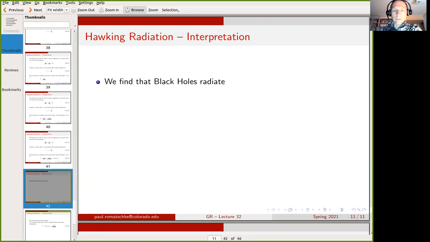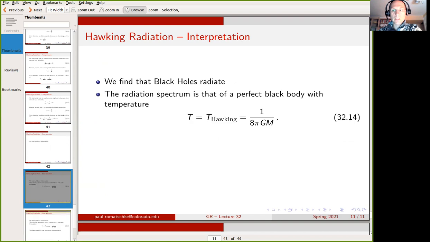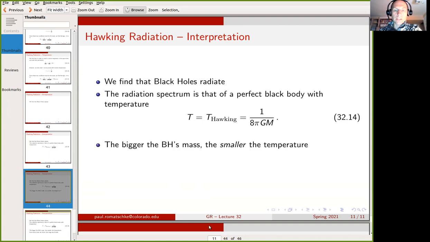So we find that the black holes that are given by the Schwarzschild metric do in fact radiate. They radiate with basically a perfect black body spectrum. And the black body temperature is given by the Hawking temperature of the black hole, which is 1 over 8 pi GM. Note that the Hawking temperature is proportional to the inverse of the mass of the black hole.